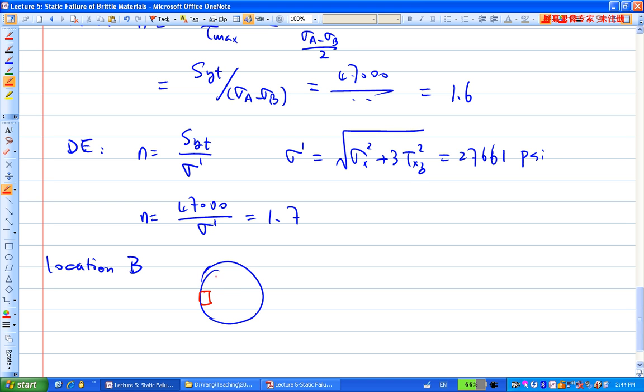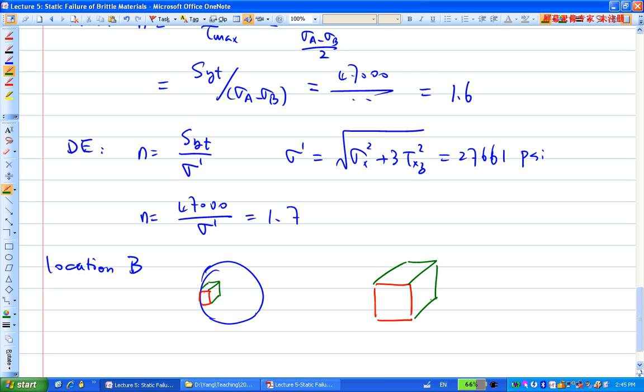If I do the same thing, I'm going to draw a stress element at that location. If I blow it up, I have a stress element. Front side is here, and that's the other end.